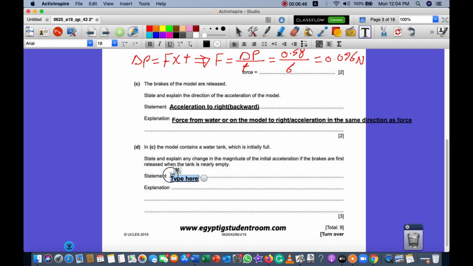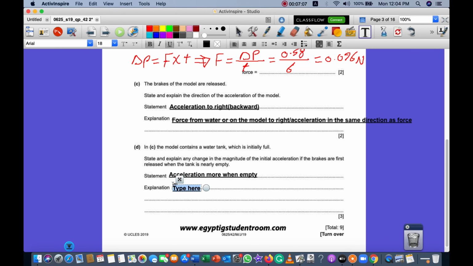So we can say here, acceleration more when empty. And as I said, why?